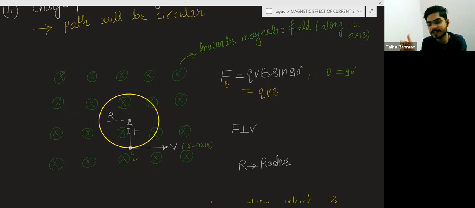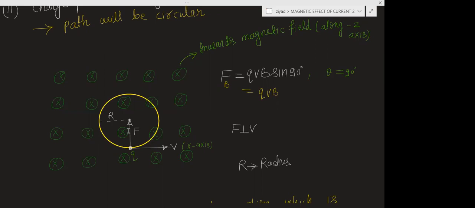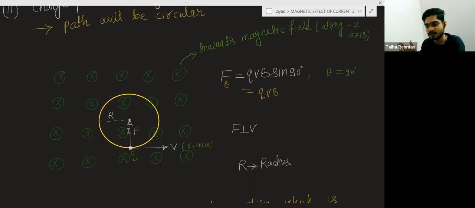So this is the inward direction. Going away from me is inward. So I am curling my fingers in the inward direction. So the direction of the force will be like this.